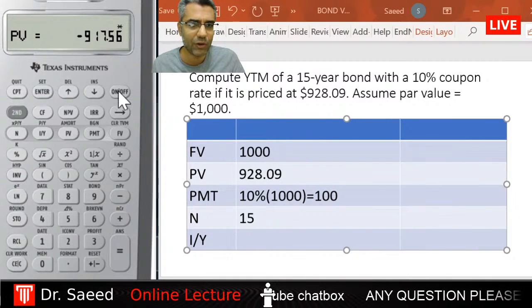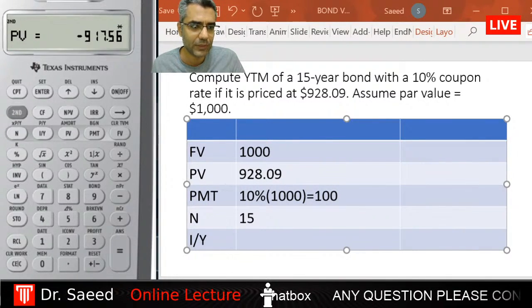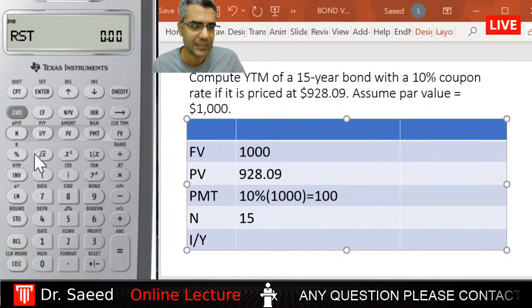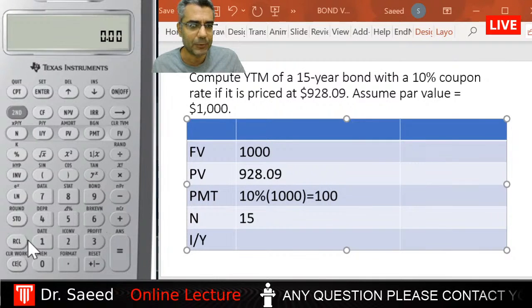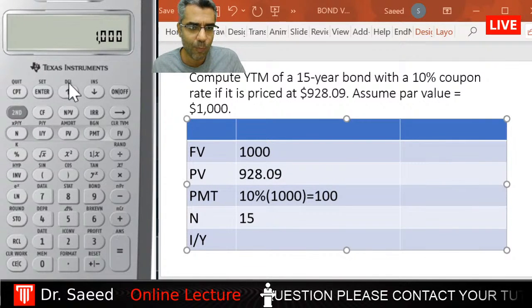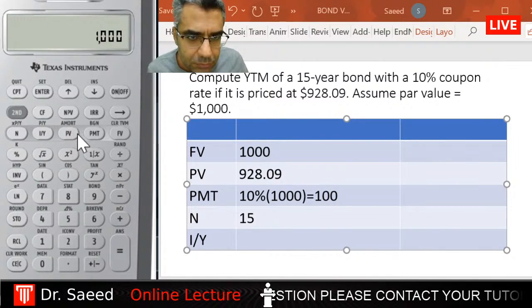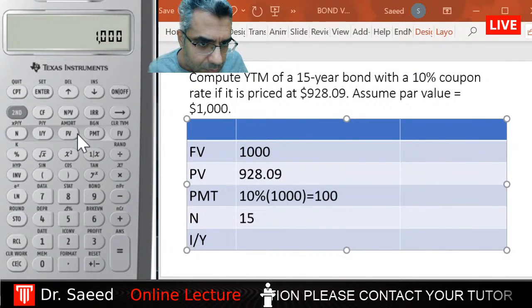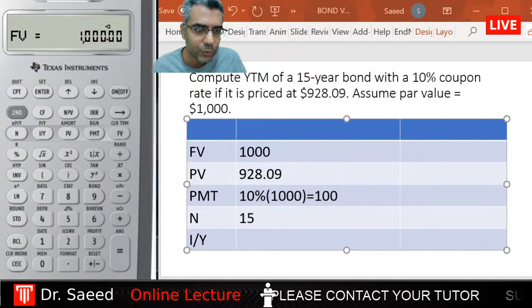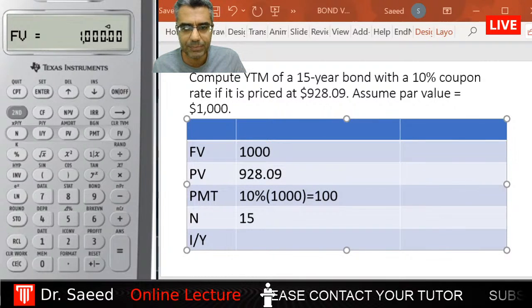By on and off, you cannot reset it. So you press second, then reset or plus minus, then enter, then second, quit, right? Now, I enter 1,000 and assign it to FV, future value. Future value, I think, is here, right?